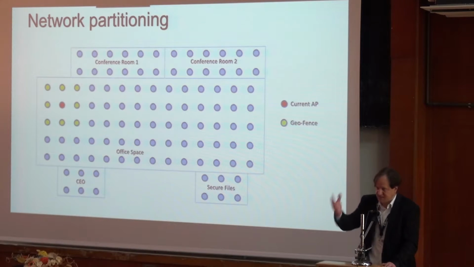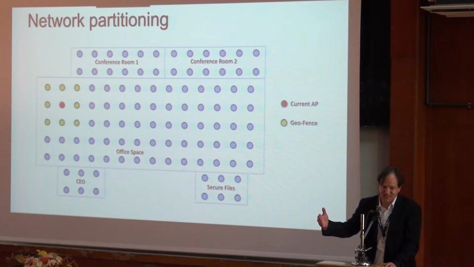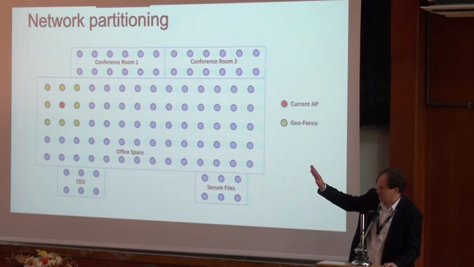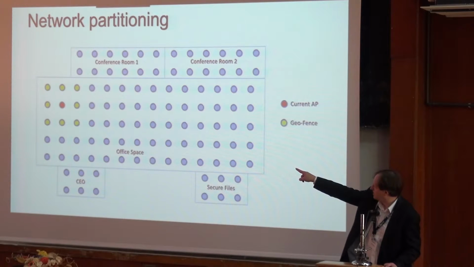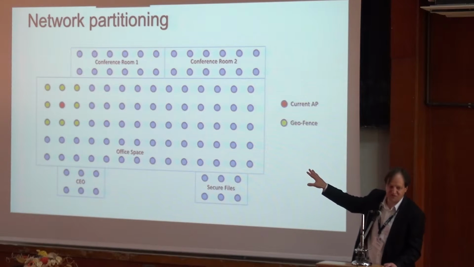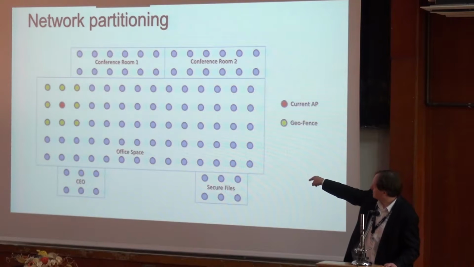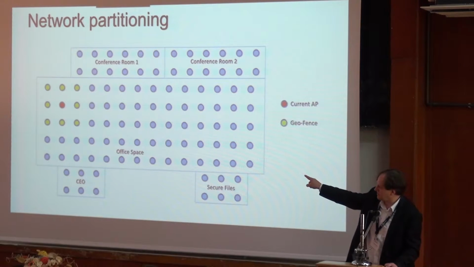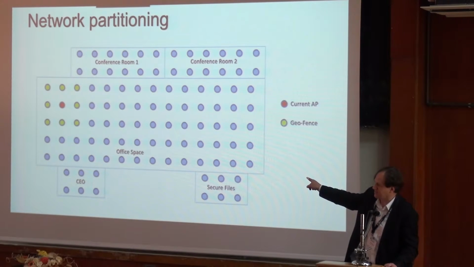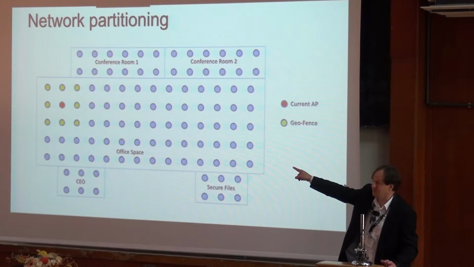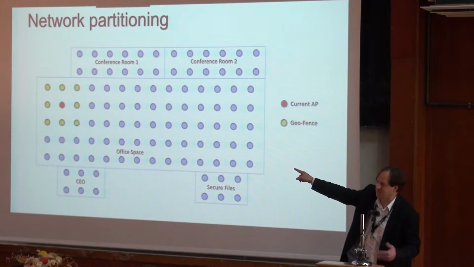You could have one access point that you are served by, and then you may only have the neighboring access points that you can hand over to. So if you create a system like this, and then you walk, the fence would walk with you. Imagine this is a Starbucks coffee shop and somebody fakes a Wi-Fi access point in one corner; you could be hacked or fooled at the other corner.